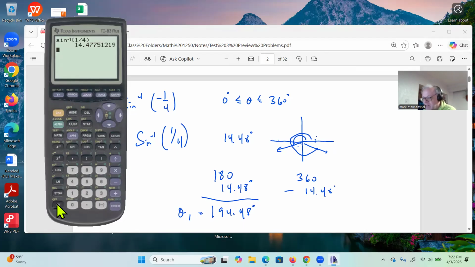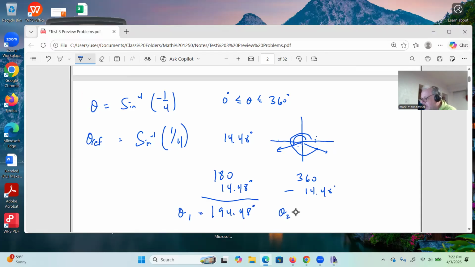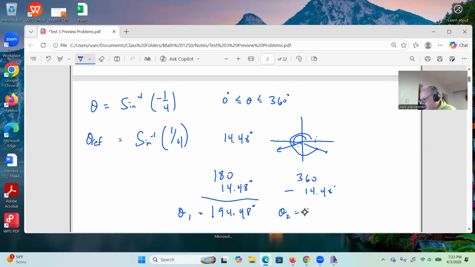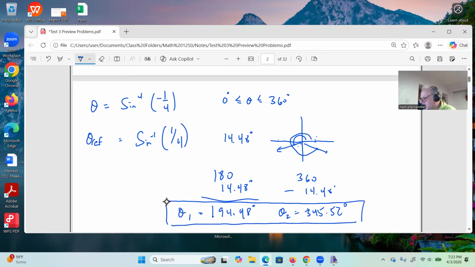I'm going to be exceptionally lazy about this and say, okay, we have 360 minus 14.48 degrees, and we end up with 345.52 degrees. My theta 2 is going to be 345.52 degrees. Okay, so that would be all of the things I could possibly ask on this question.